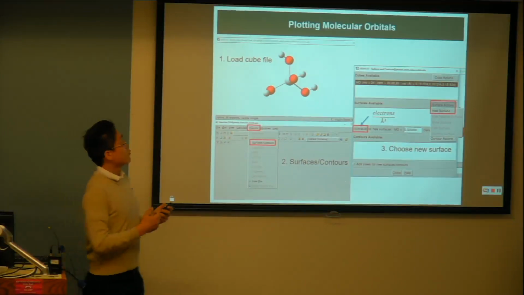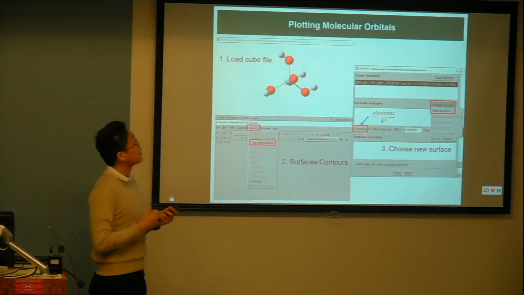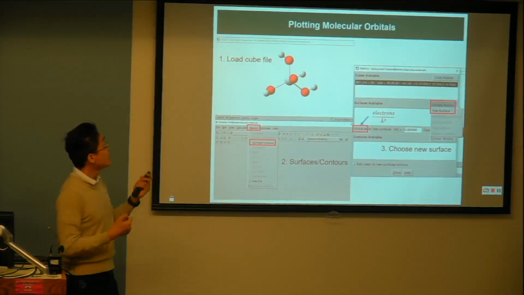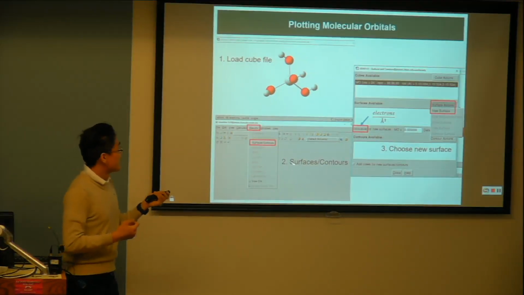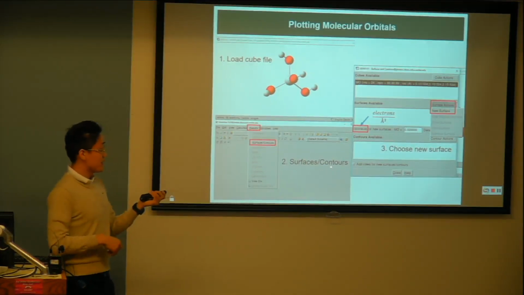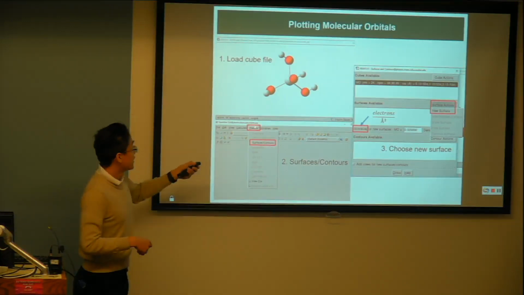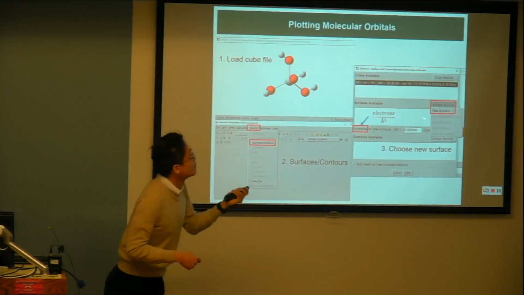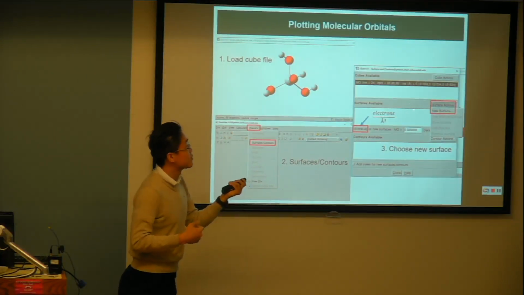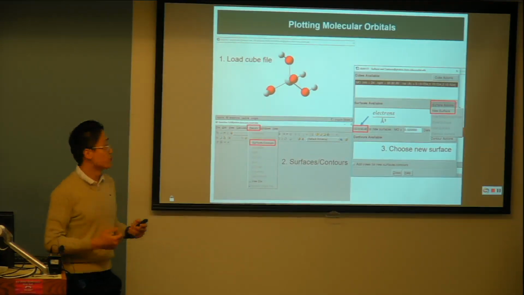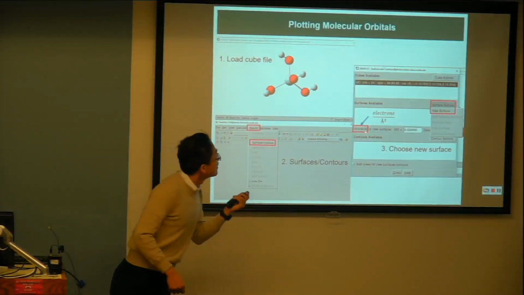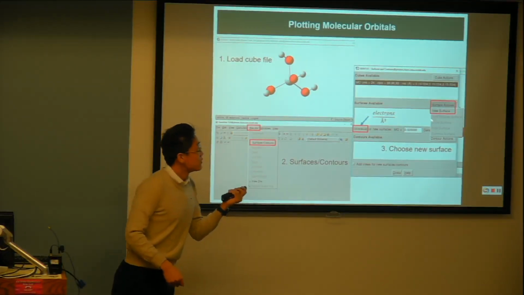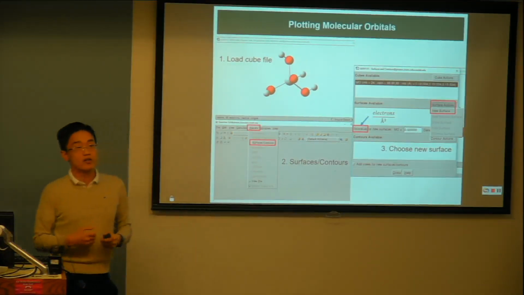Then we're able to load all the cube files into the GaussView software and choose the surfaces and contours here in the Results drop-down menu, and then we can just create a new surface for the molecules. And here, the unit of this value is electrons per cubic angstrom.